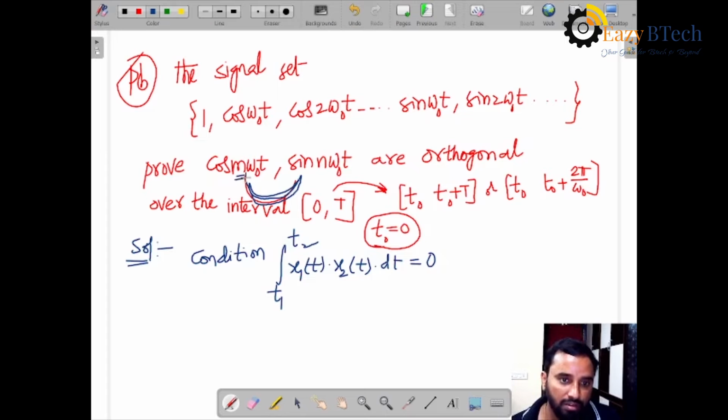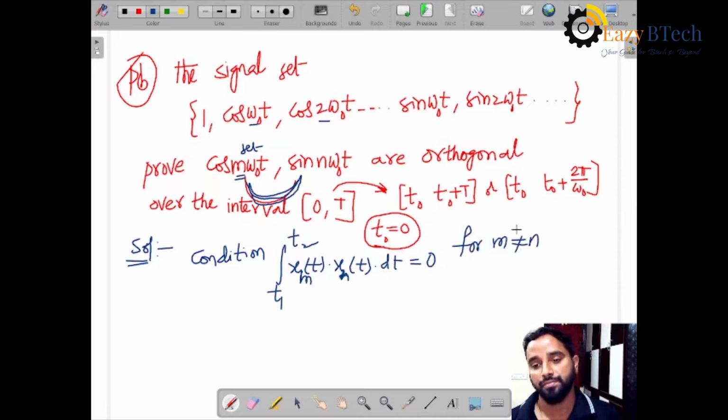Here I am taking xm of t as cos and xn of t as sin. These are sets again: cos omega naught, 2 omega naught, 3 omega naught, and here also sin omega naught, sin 2 omega naught. The integral of xm of t into xn of t dt is equal to 0 for m not equal to n. Here m and n are integers.